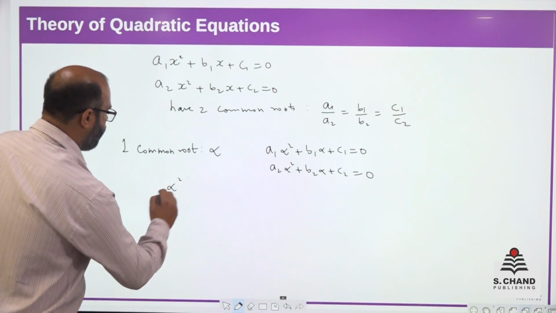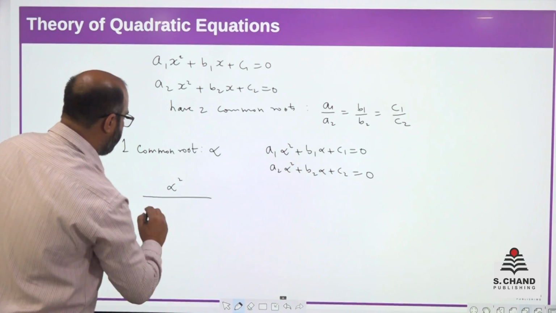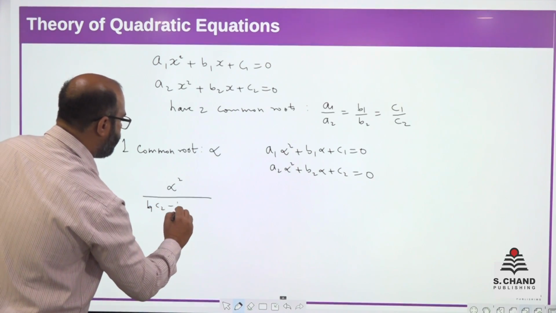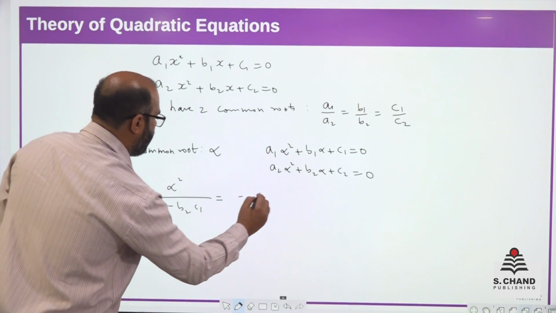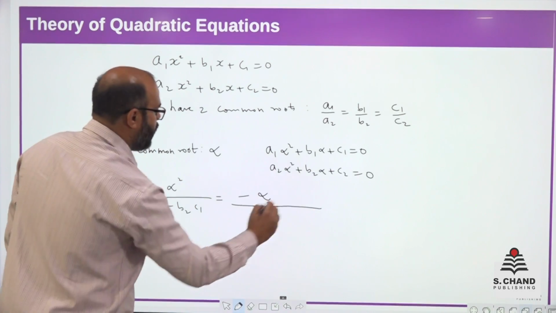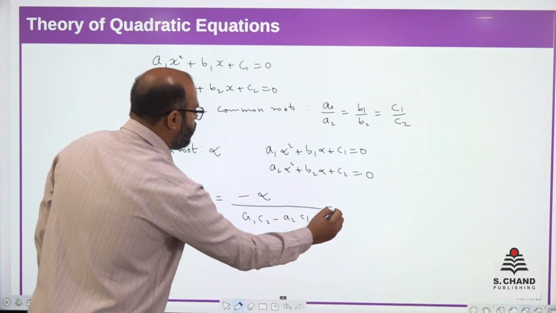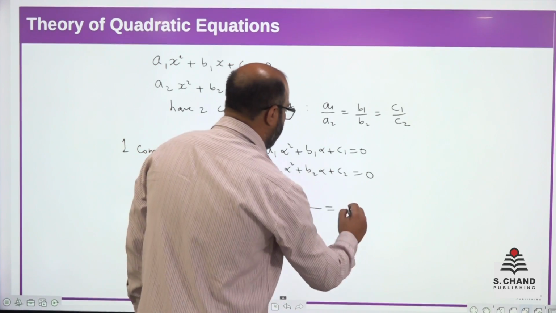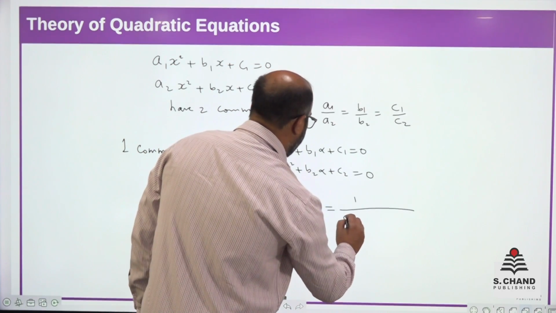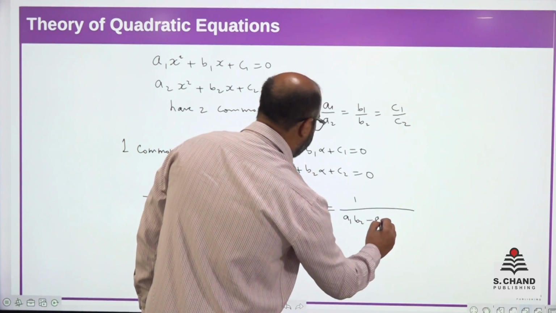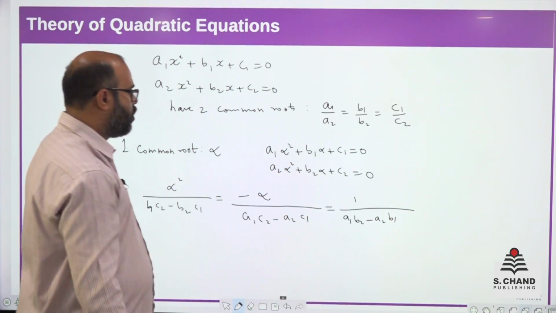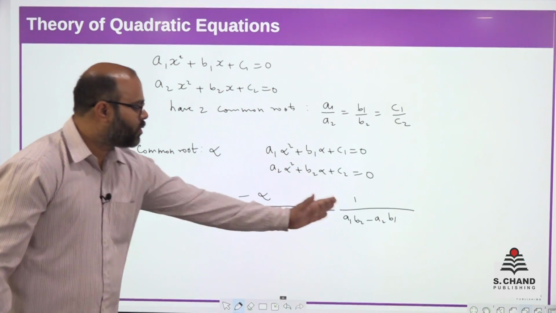So alpha square upon b1 c2 minus b2 c1, minus alpha upon a1 c2 minus a2 c1, cross multiplication is what we are doing here, and then 1 upon a1 b2 minus a2 b1. Now you can equate this to this.